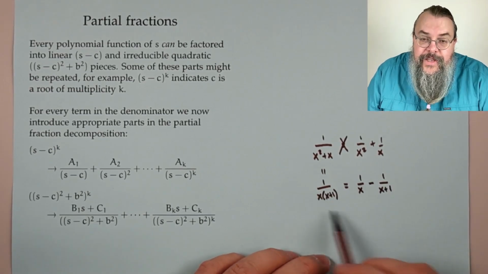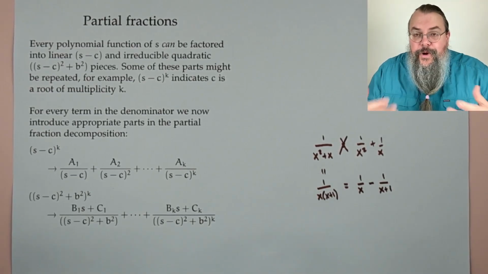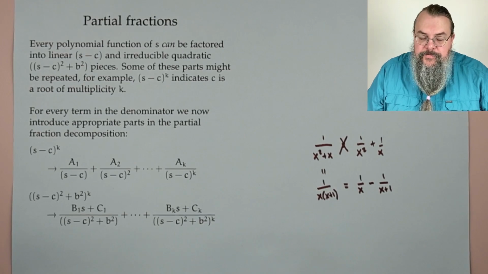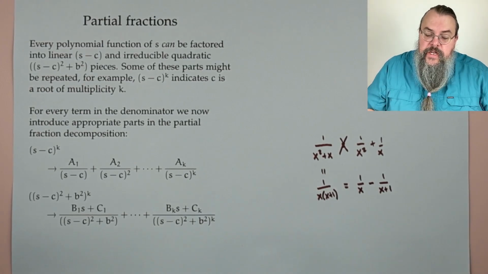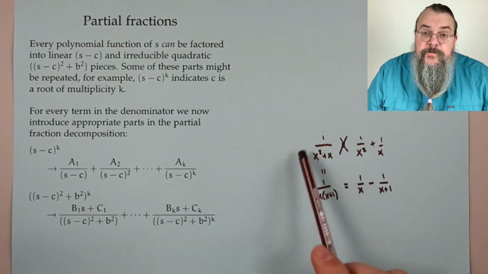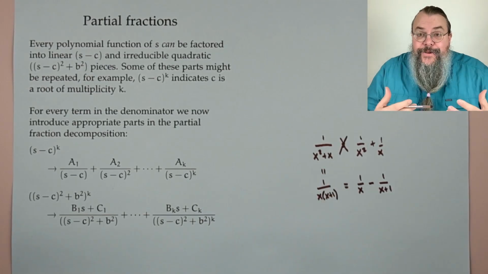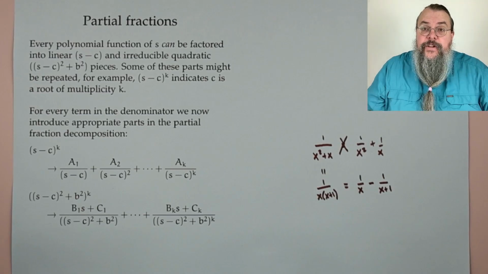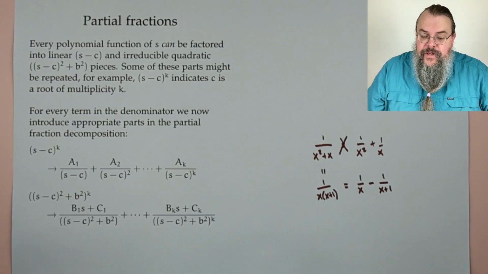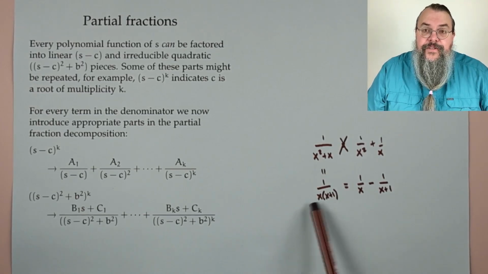Now, how you get there, that's the whole point of what we're about to talk about. So, what's going to happen? Well, we're going to take our denominators and we factor them. And as we factor them, we factor into pieces. Now, in this case, there were 2 pieces, x and x plus 1.